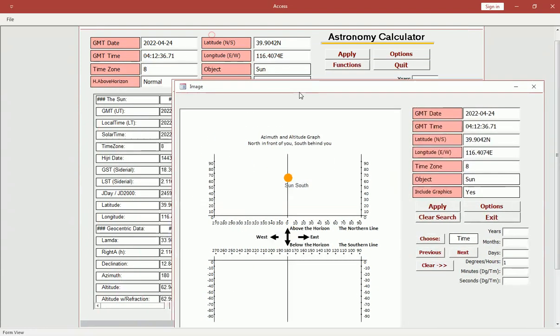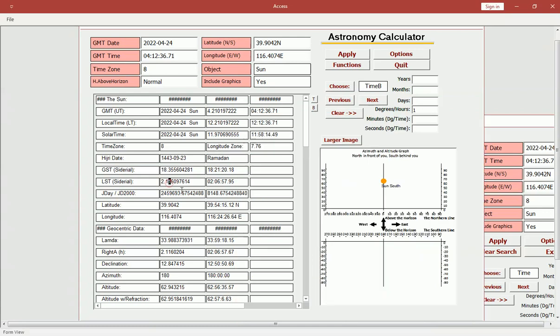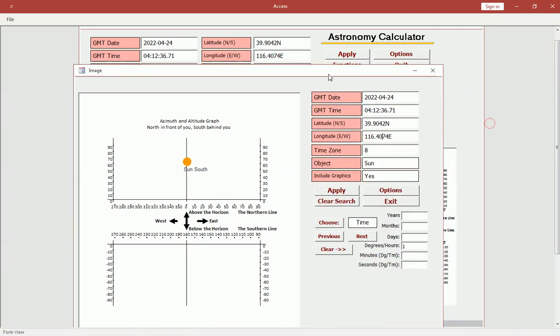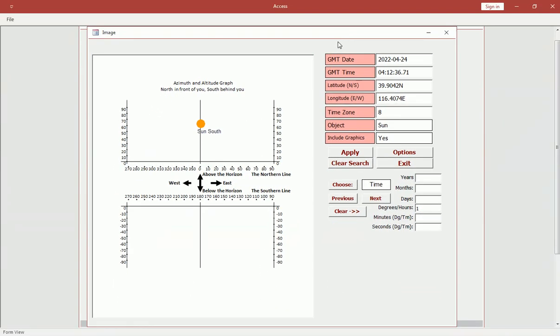To be more accurate, we can look at the table, and the altitude is about 63 degrees, 62.94. But what is altitude? If you are facing the sun or an object, then the altitude is the angle between this object and the horizon.